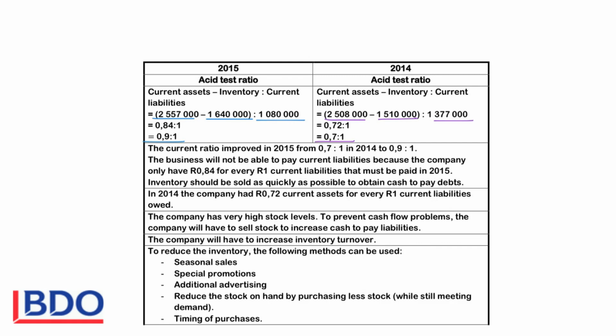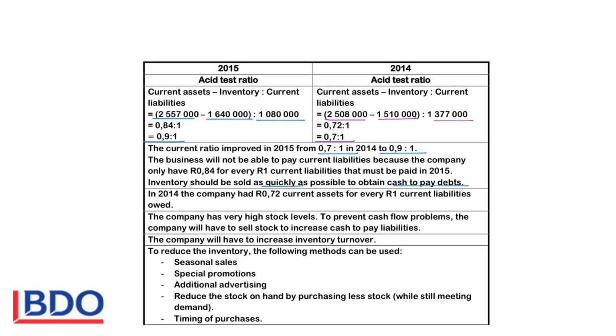So what does this mean? We will not be able to pay our current liabilities because we have less assets available than what we owe and have to pay at the end of the month. So although it improved from 2014 to 2015, you will still not be able to pay for the current debts, and you will have to sell inventory very quickly to obtain cash so that you will be able to pay for your debts.